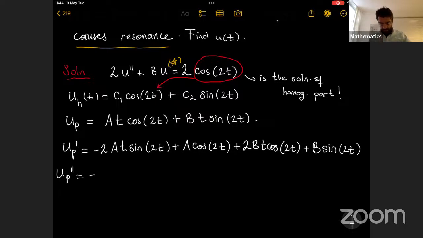Well, it's going to be minus 4a t cosine 2t minus 2a sine 2t, but from this derivative there is another minus 2a sine 2t. So when you combine this, you will get minus 4a sine 2t.